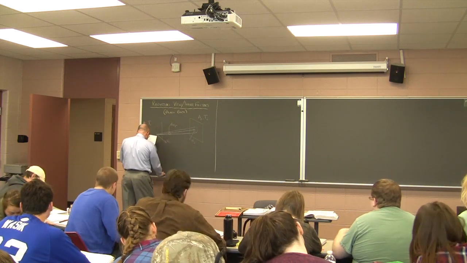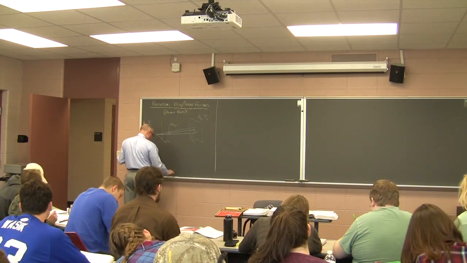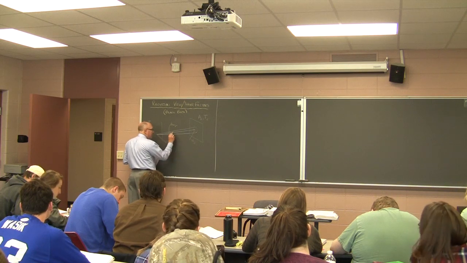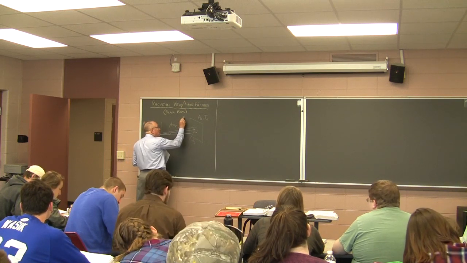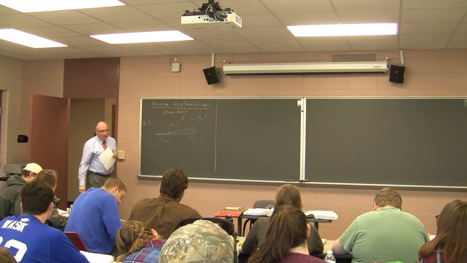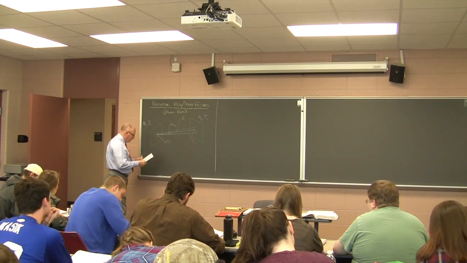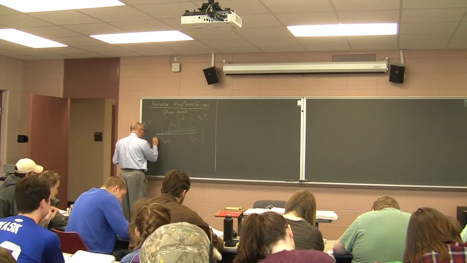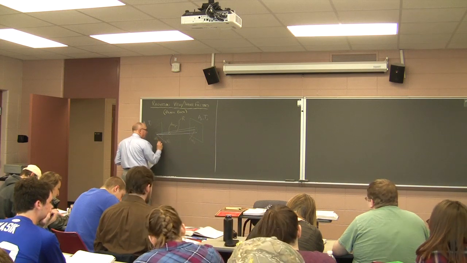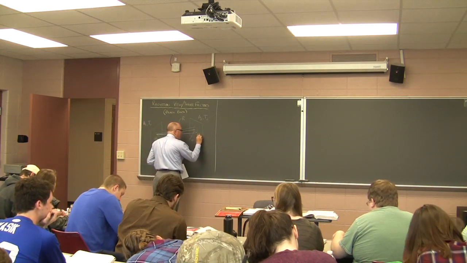Let's see what else I have on there. This distance here, from here to here, is R, the distance between the centers of the two surfaces. This is dAI, and this is dAJ.